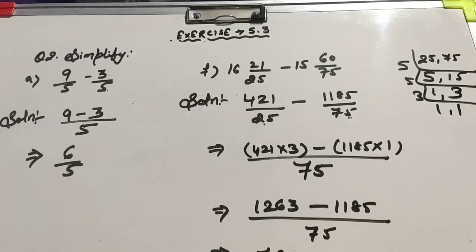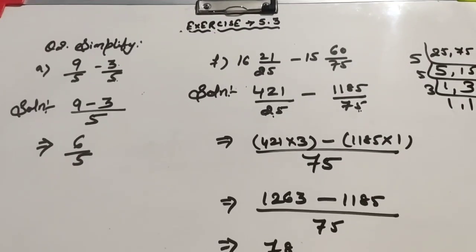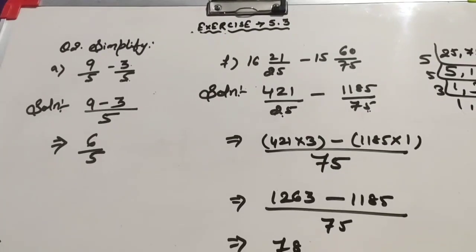Because the question is given as a mixed number, your answer will definitely be a mixed number. Question number 2, part F. Is it possible to cut? First of all we will cut this 2. We can cut with the table of 3.